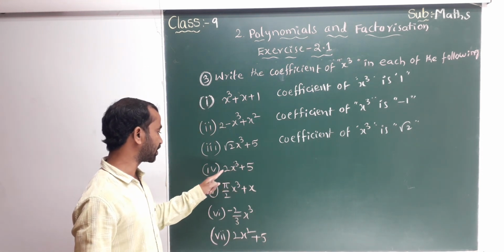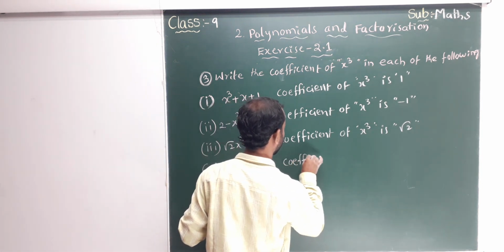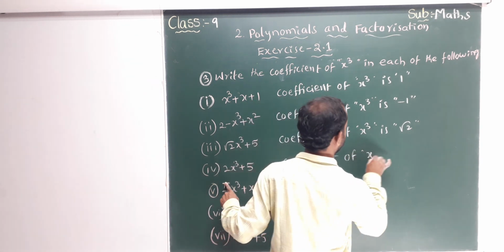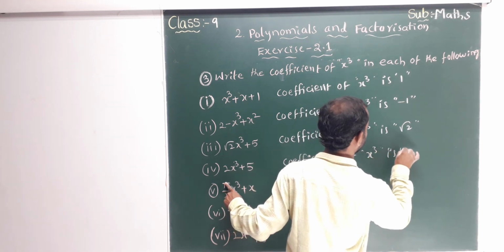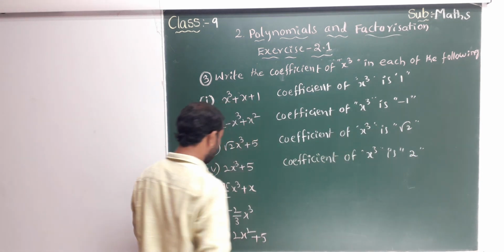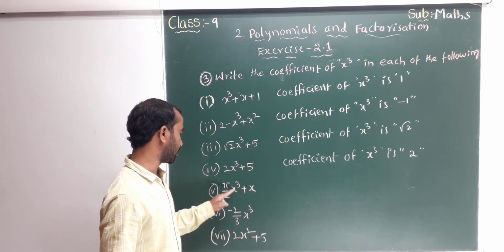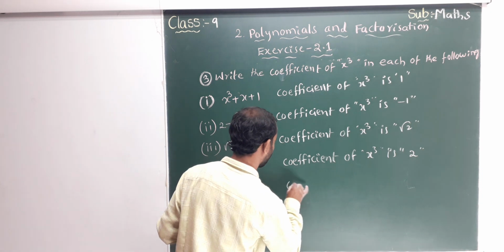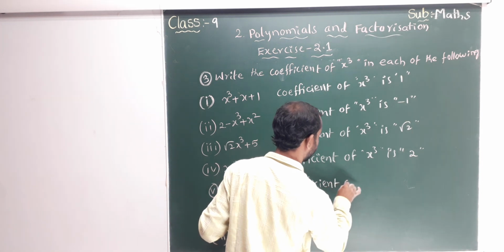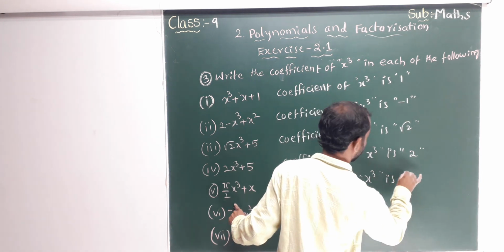Here the x cube coefficient is 2. Next, fifth problem: 5 by 2 x cube plus x. So the coefficient of x cube is 5 by 2.